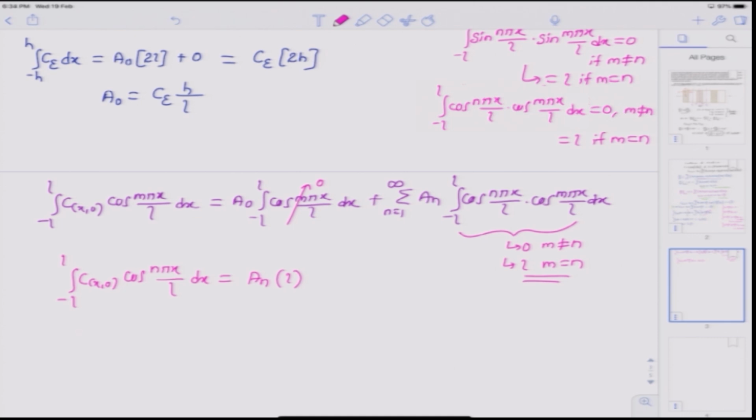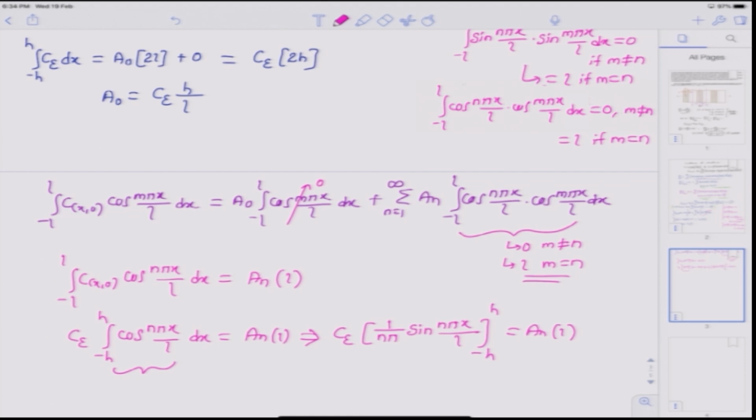So, we get C epsilon integral minus h to h cos of n pi x by L dx is equal to a n times L. So, if we evaluate this integral, we get C epsilon L over n pi sin of n pi x by L from minus h to h should be equal to a n L.